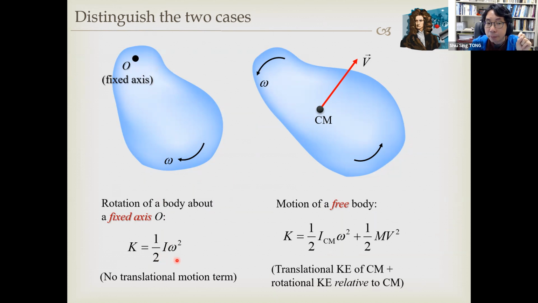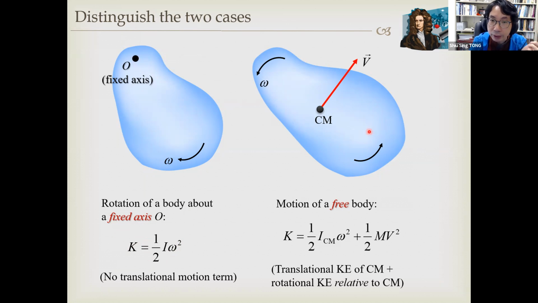That is, the total energy is simply the rotational energy, and I is the moment of inertia about the axis O, not about any other axis. That is the kinetic energy for a body rotating about a fixed axis.